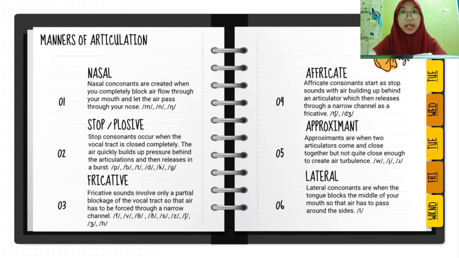Oral passage is blocked by closing the lips. No, man. Oral passage is blocked by pressing tongue tip against the alveolar ridge. Going, fang. Oral passage is blocked by pressing the back of your tongue against the soft palate.